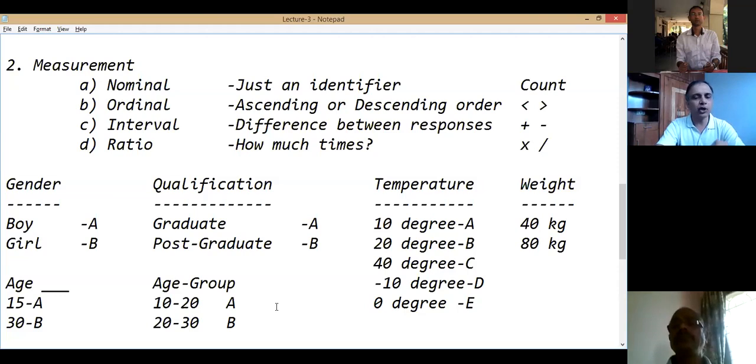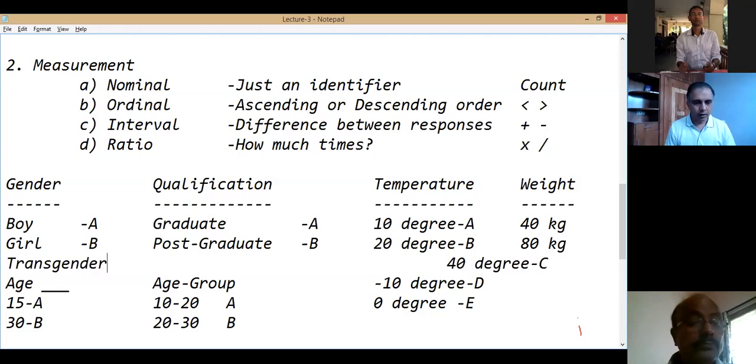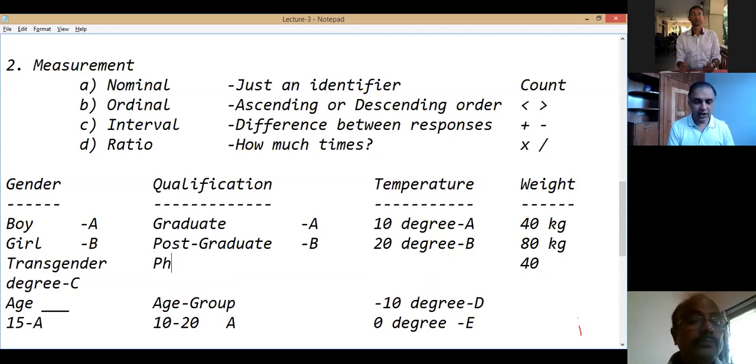Quantitative, you need to convert into numbers. So open-ended quantitative is the best-ever measurement. That's the ratio data. The other one, MCQ, will be either nominal or ordinal. If I add one more category here, transgender, and here also PhD, both of them become MCQ.